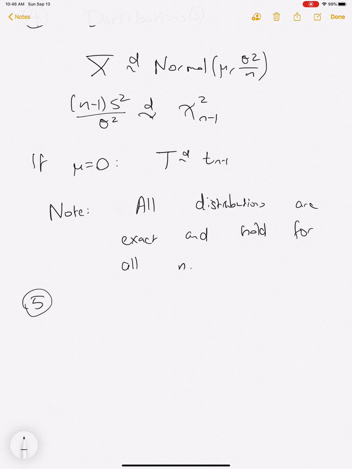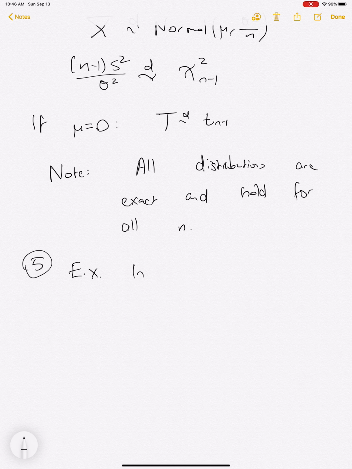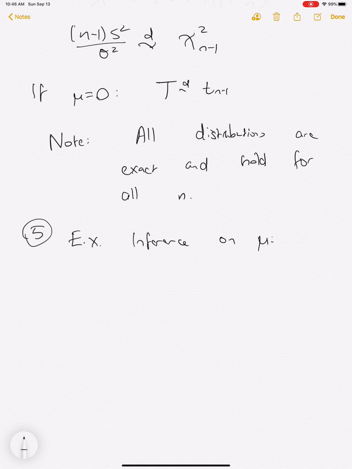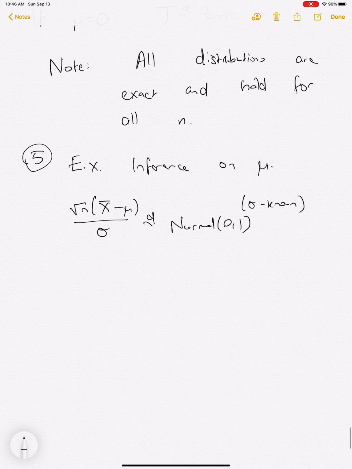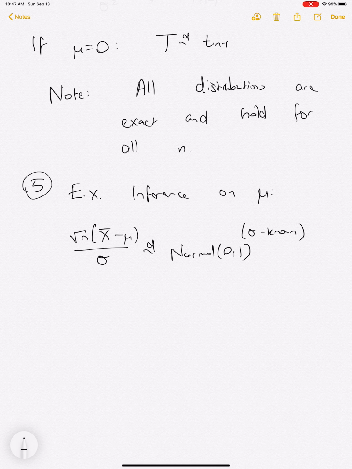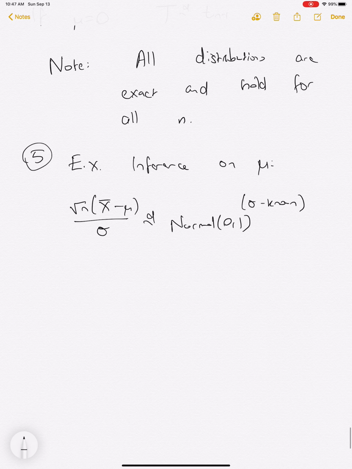So, for example, if we wanted to infer something about mu, in the scenario where sigma is known, you can certainly just use the z-score, which you've seen in this class and potentially in other classes.